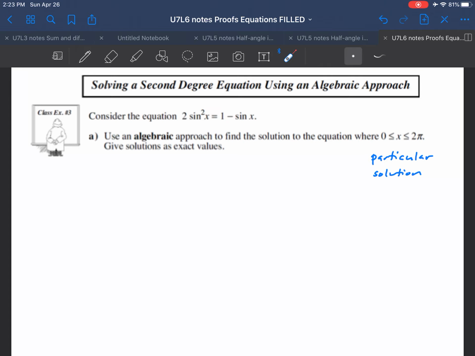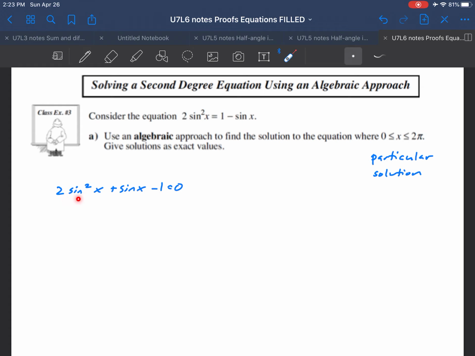Okay, so all we have to really do is manipulate this, get it in a form that we can solve, but we shouldn't have to use any trig stuff. All right, so this equation is the same as saying 2 sine squared x plus sine x minus 1 equals 0. Okay, so all I did is I took these two things, moved them over. So added the sine, that's here, subtracted the 1 that's here, and we got it set equal to 0.